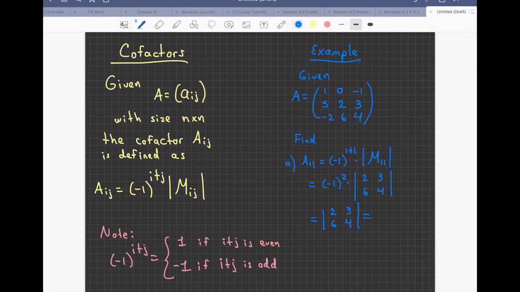This is 2 times 4, 8, minus 6 times 3, that is 18. 8 minus 18 is -10. So this is the cofactor A11.